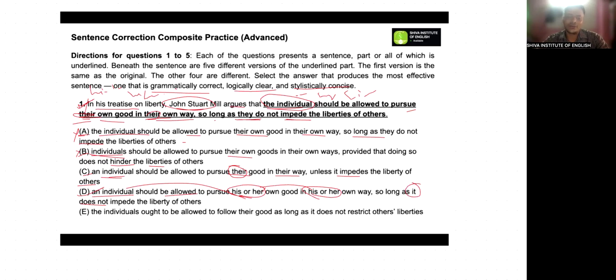Let's look at option E. It states the individuals required to be allowed to follow their good as long as it does not restrict others' liberties. We can see that it is a long and awkward sentence and says follow their good. Even here we find the individuals, right?